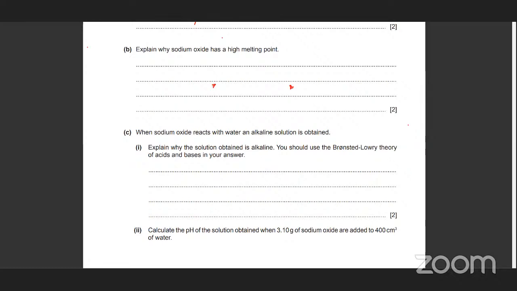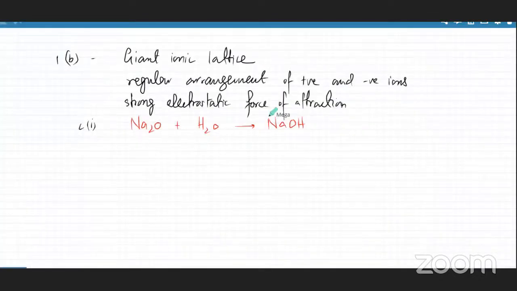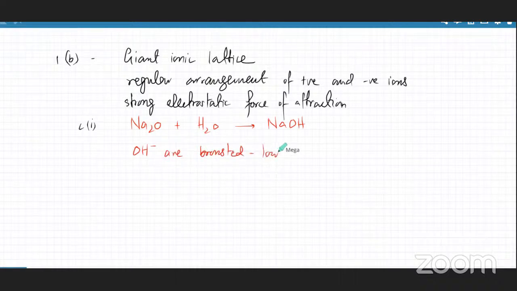तो bring that theory in, which is that you're going to then state that OH ions are Bronsted-Lowry bases. Why are they bases? Because they accept H plus 1 ions.